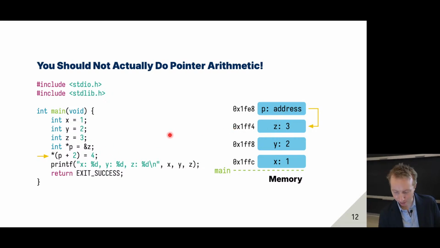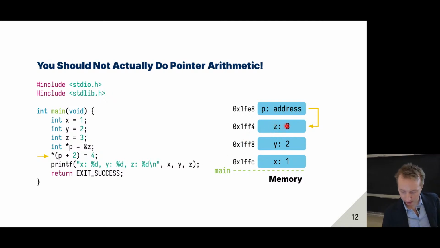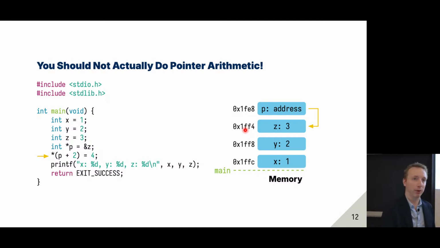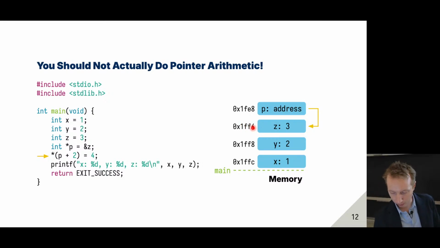So this happens on my system. If we do p plus 2, because these variables are exactly where they are in memory, if we take the address of z, which is this, and then add 2 to it, that means it's going to jump forward 2 integers, or 8 bytes. So this 4 plus 8 is going to be 12, so it's going to jump here, or just skip 1, 2, because they're all integers and they happen to be beside each other.